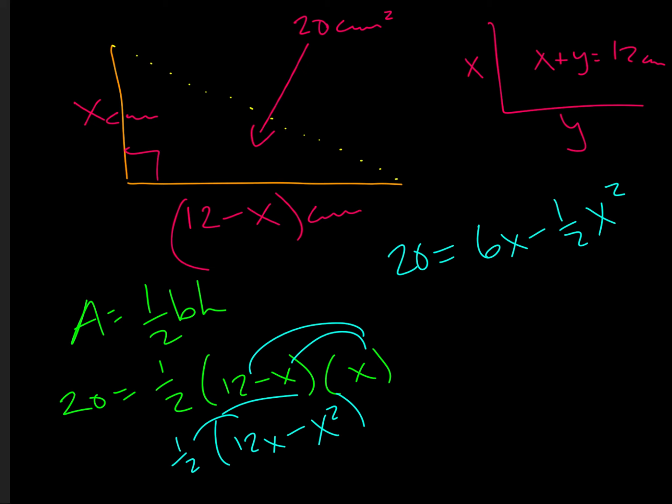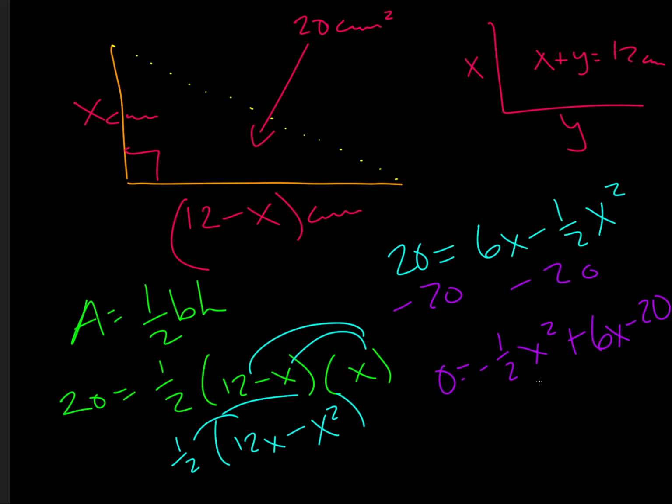Alright, so once again, this is quadratic, so I'm going to get everything onto one side. 0 equals, and I'm going to write it in the order that we generally have quadratics. Okay, so dealing with that fraction, that's not very fun.